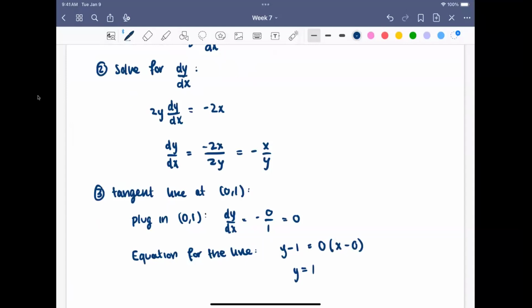In the examples that we'll do, we'll be given a point that's on the curve already.